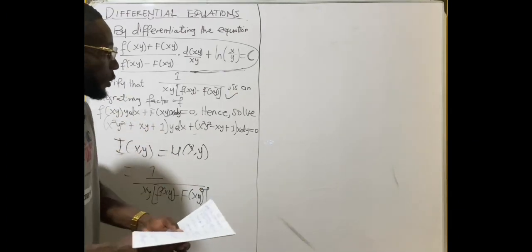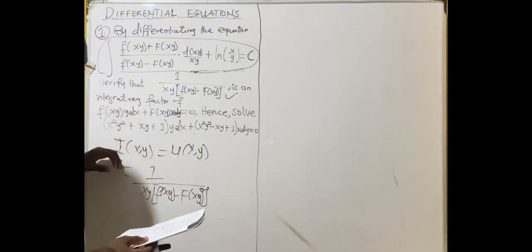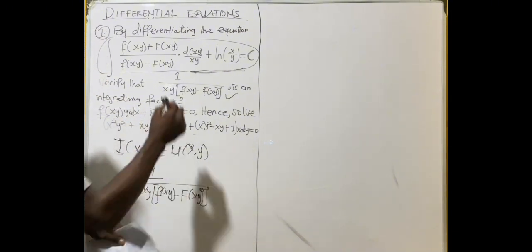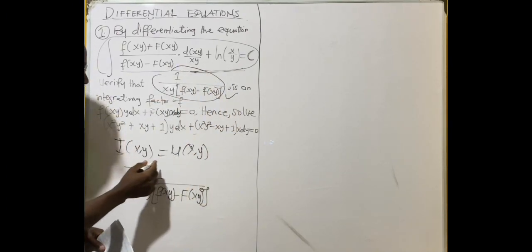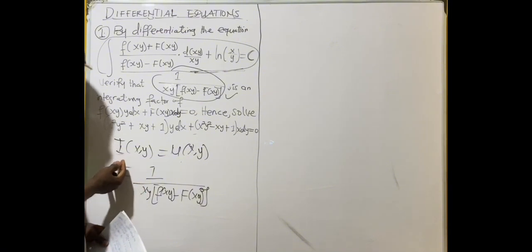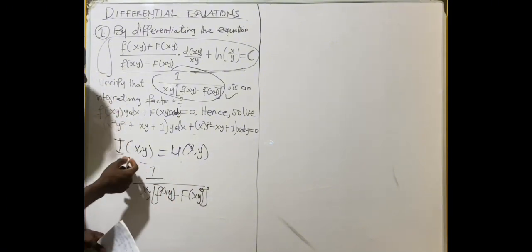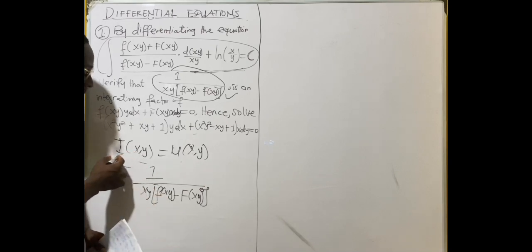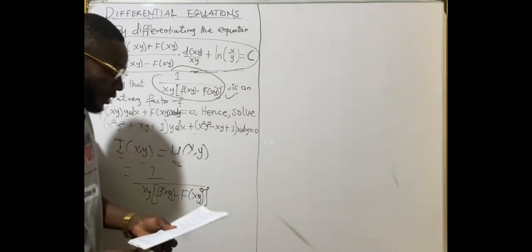What we are asked to verify is that this equals mu of x and y, or I of x and y, because that is an integrating factor. Some notations are I, or mu of x and y. They are all the same.